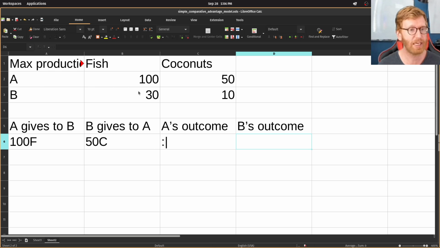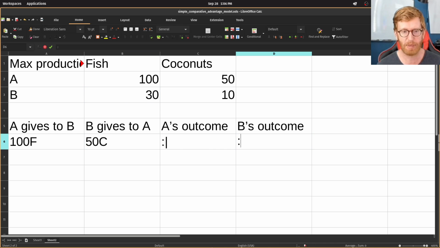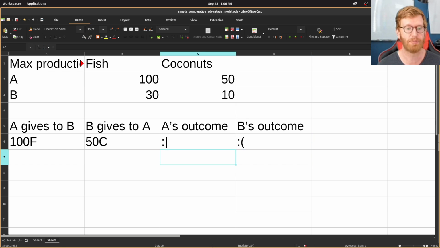Well, for him to get 100 fish, he'd have to spend more than 3 days. And for him to get 50 coconuts, he's going to spend about exactly 5 days. So Eli is giving me 5 days worth of work and saving himself about 3 days worth of work. He's going to be pretty unhappy about that.